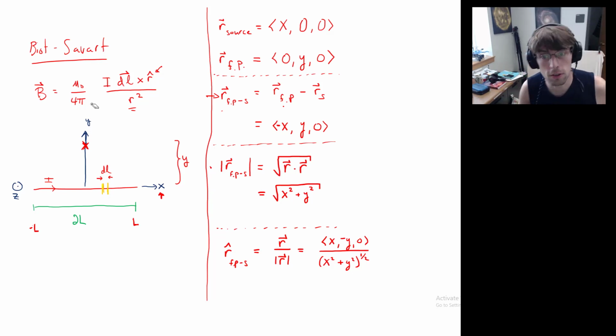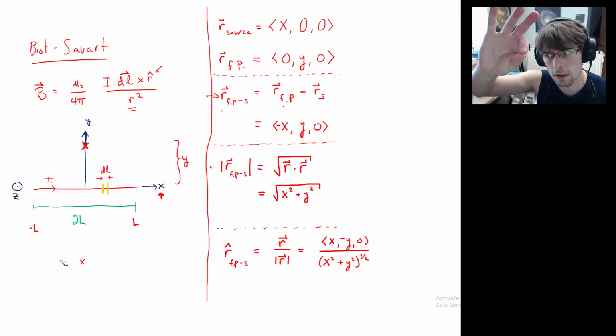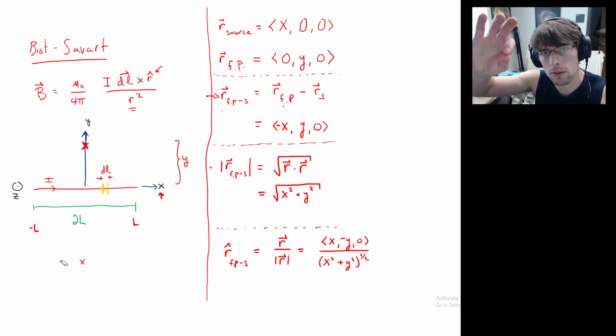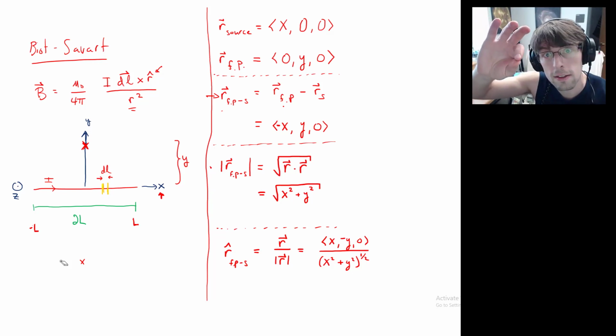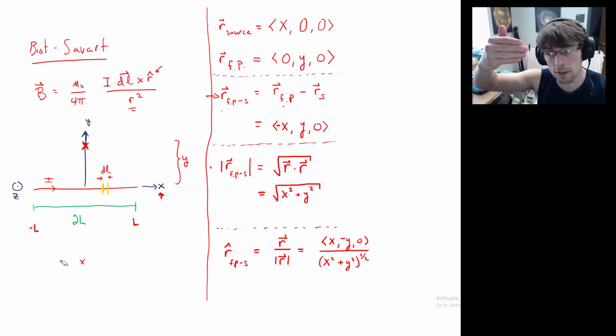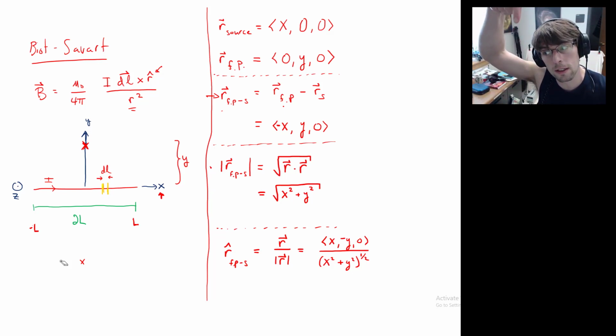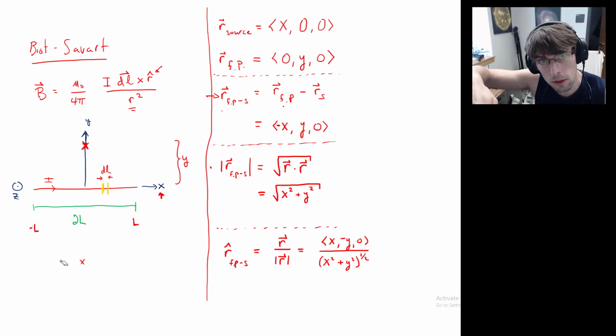Of course, you could keep doing this. What happens if my field point's beneath the wire? Then you'll find that the magnetic field is into the board. Or how about if the wire is here and the field point's out here? The current's running to the right, and the field point is out of the screen. You'll notice that the magnetic field will run downwards.